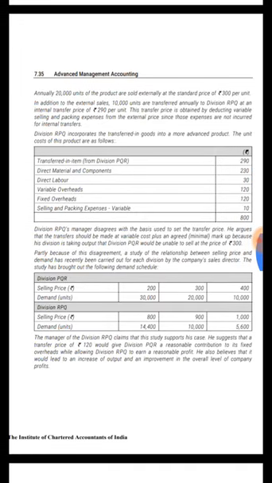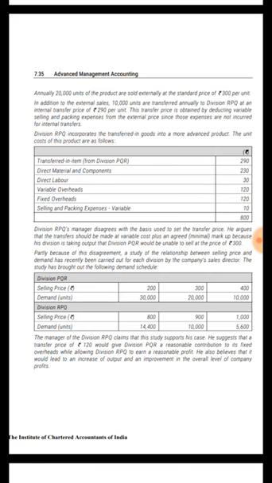So the director has given two schedules of the demand. First, for division PQR: if the selling price is 200, the maximum demand can be 30,000 units, and if the selling price goes to 300, the demand can drop down to 20,000. Just like that, if it goes to 400 rupees, the demand drops down to 10,000.